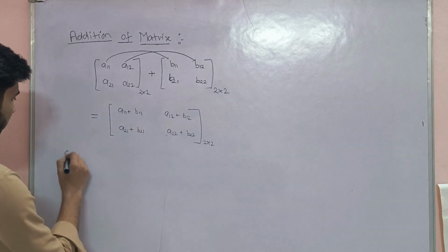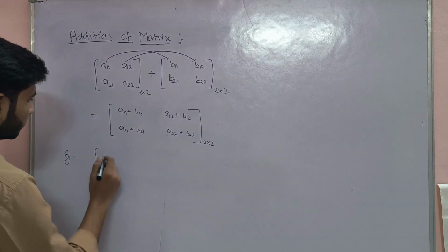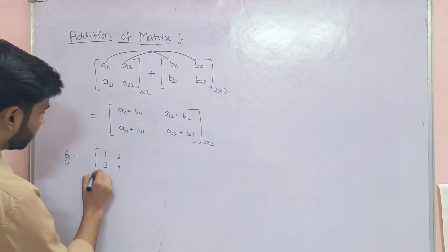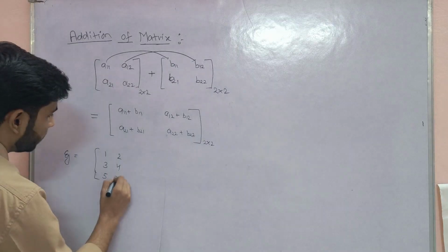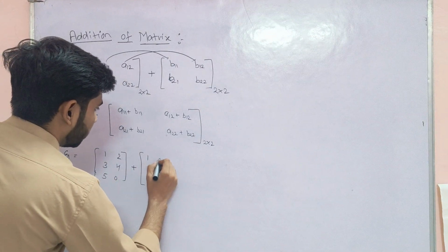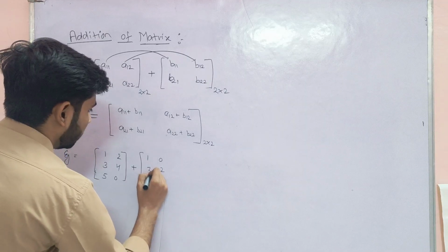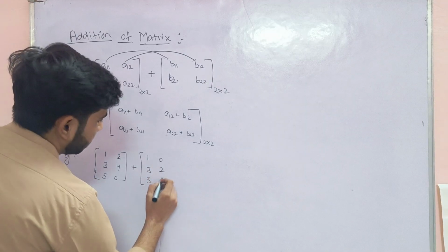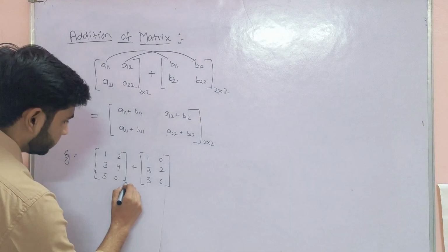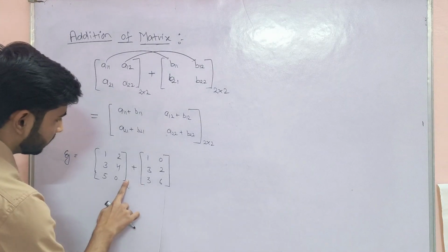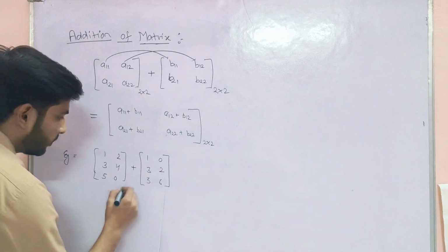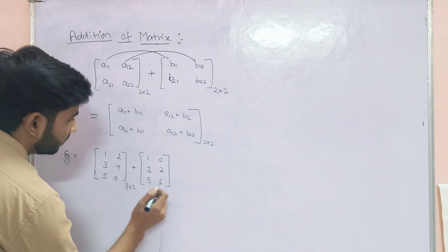Let's take one example. 1, 2, 3, 4, 5, 0. We add these two matrices. What is the order of this matrix? 3 cross 2.